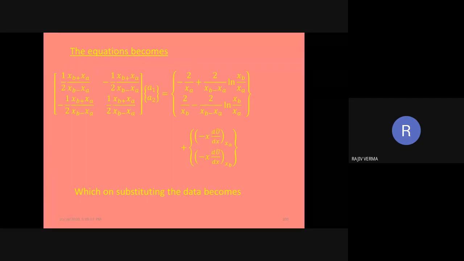And please recall that we have specified the value of flux at the second node, that is at a location XB. So we know its value, which can be directly substituted at this place, that is in the right hand side of equation number 2.